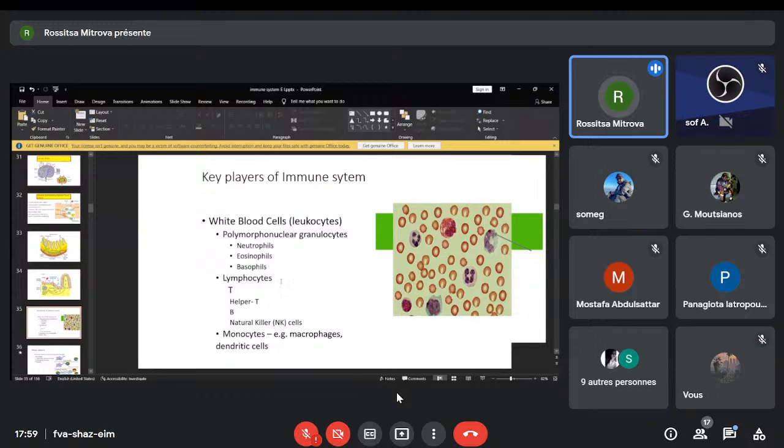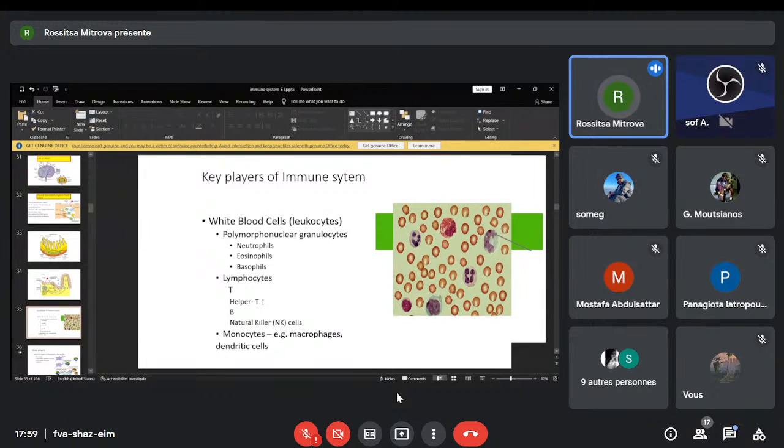Basophils are a very small number in the blood formula, and especially in children, they are no more than 1% in 100 cells.